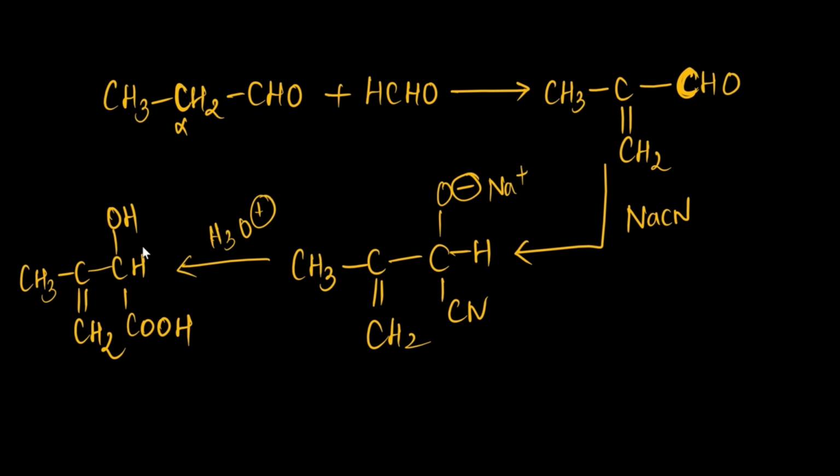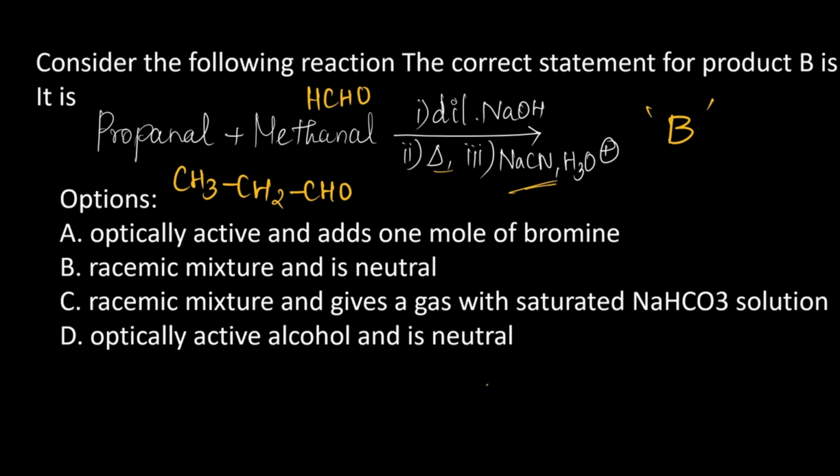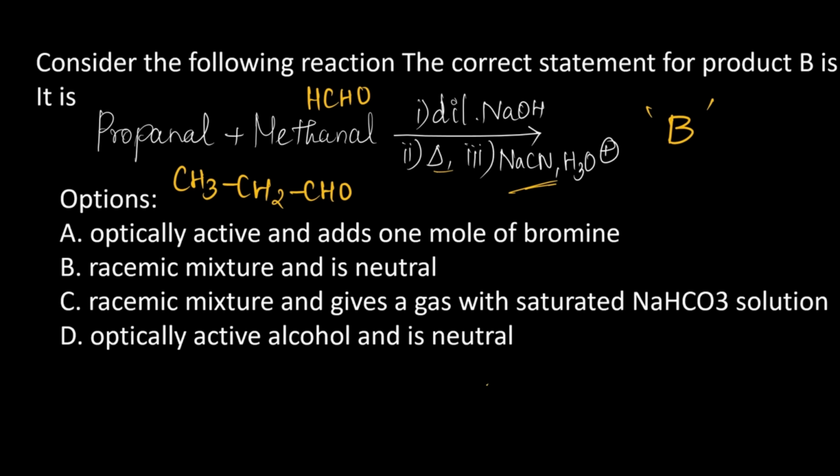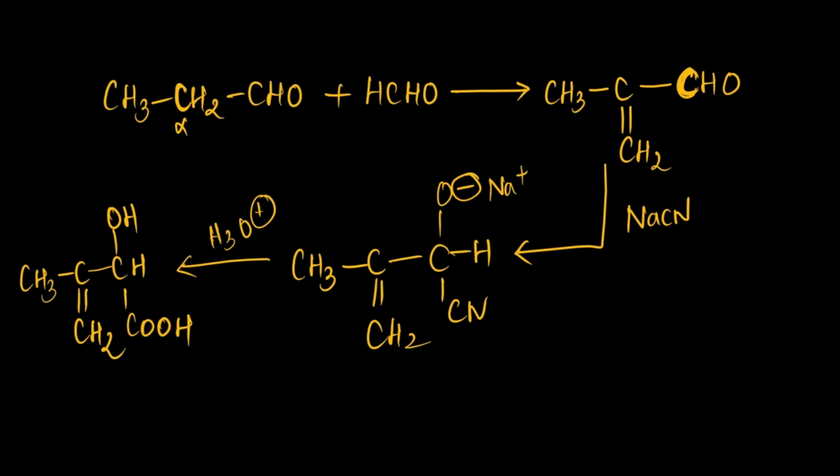But the question asked is which of these are correct statements according to B. A: optically active and adds one mole of bromine. B: racemic mixture and is neutral. C: racemic mixture and gives a gas with saturated sodium bicarbonate solution. D: optically active alcohol, and this is neutral. As you can see, for adding one mole of bromine, this is optically active.